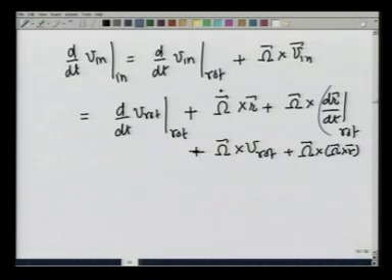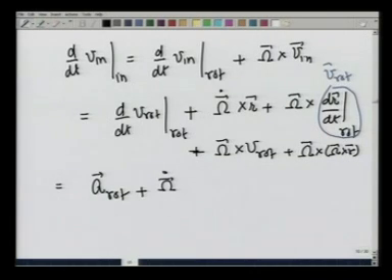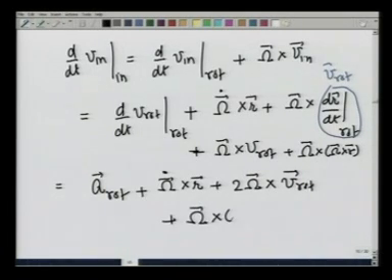Notice that this term here is nothing but v observed in the rotating frame, and therefore this whole thing can be written as the acceleration as observed in the rotating frame, that is d/dt of v rotation in the rotating frame, plus omega dot cross r, plus 2 omega cross v rotation, plus omega cross omega cross r.